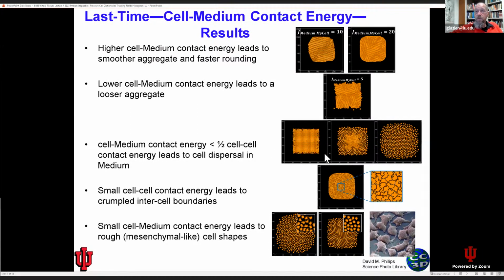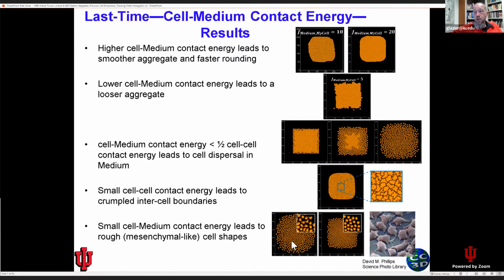Notice that whether the cells disperse or not in the medium depends on the ratio of cell medium and cell-cell contact energies. Whether cell-cell boundaries are smooth or rough depends on the absolute value of cell-cell contact energy. Similarly, whether cell medium boundaries are smooth or rough will depend on cell medium contact energy.